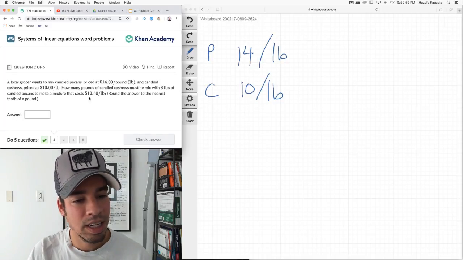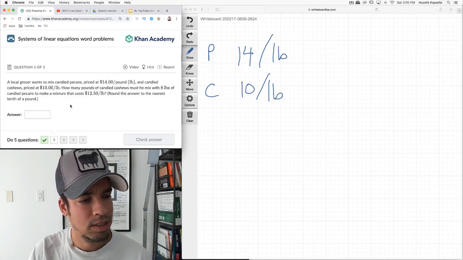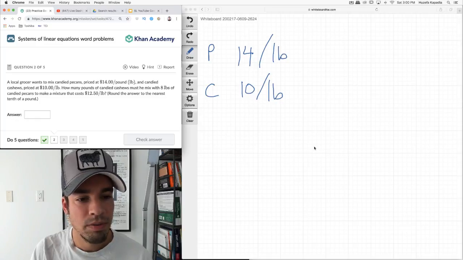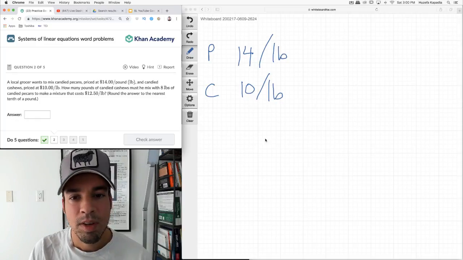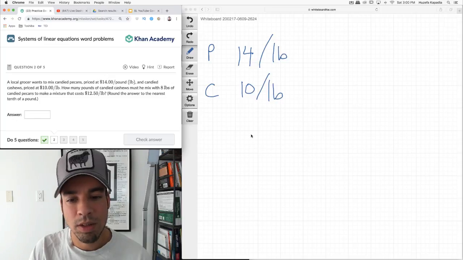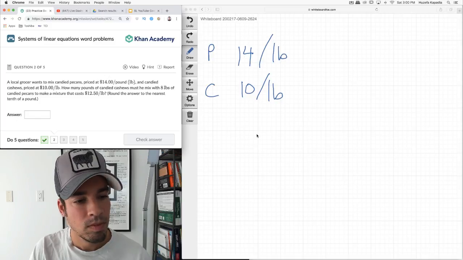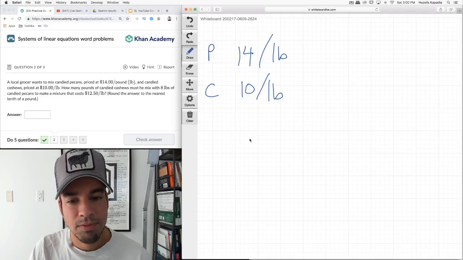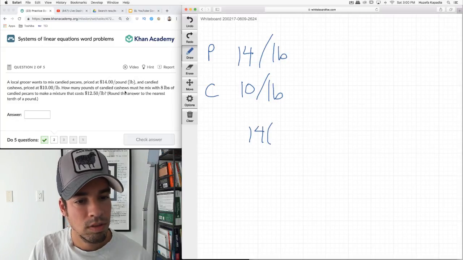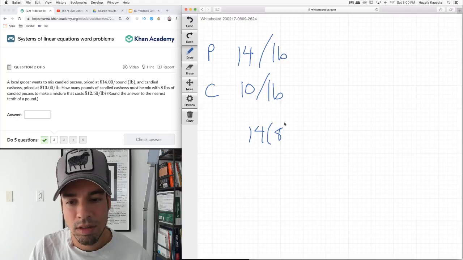Okay, how many pounds of candied cashews must he mix with 8 pounds of candied pecans to make a mixture that costs $12.50? All right, watch. Here's how we set this up. So it's $14 per pound. So we want a mixture that costs $12.50 per pound, right? So we've got $14 times 8 pounds of candied pecans. 14 times 8, right?